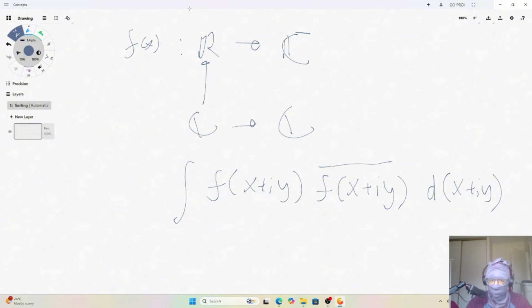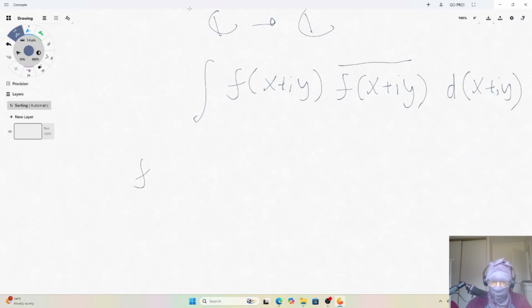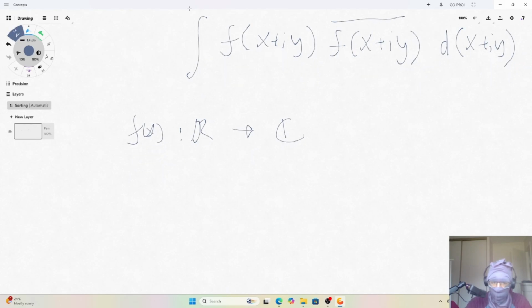No, I'm not really sure. But in general, when you have functions from the real numbers to the complex numbers, the inner product will be defined in that way.